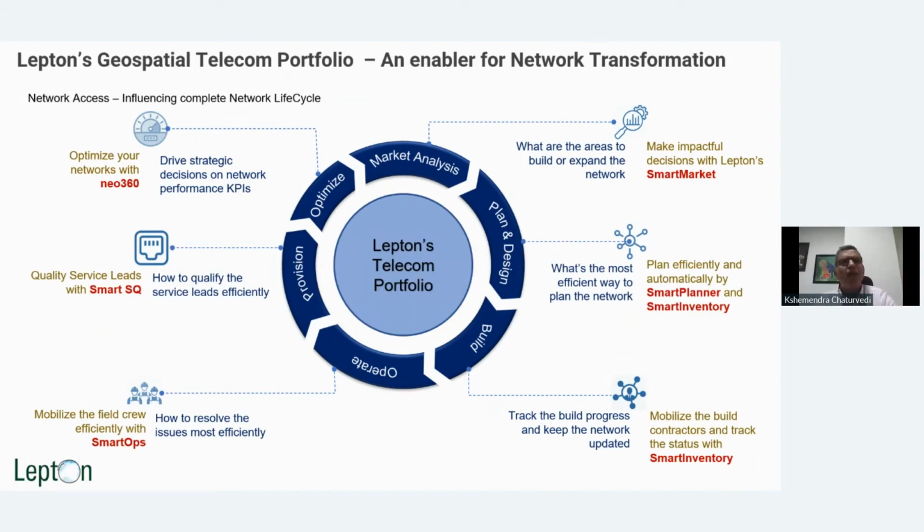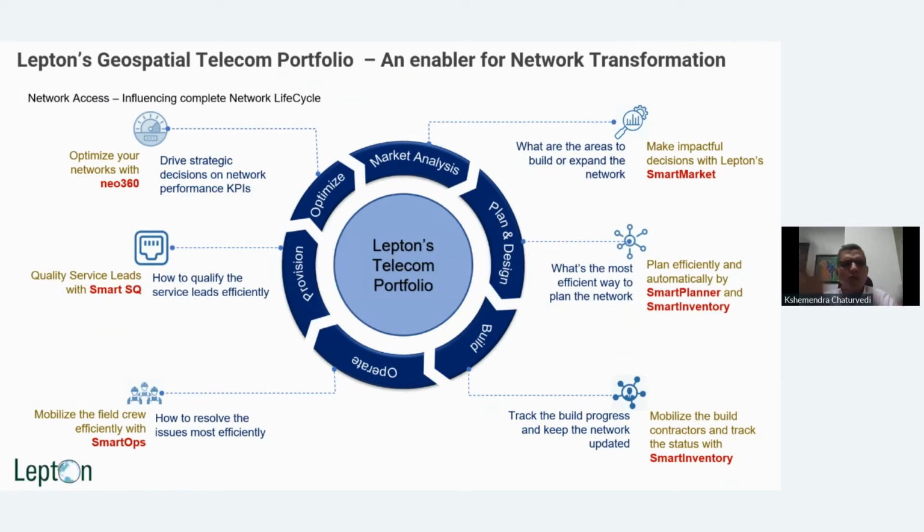Once you have the network in place, obviously you want to monetize it. You want to qualify the leads very efficiently and accurately in the field, and monetize the network to the maximum level. Once that is done, the continuous process is to optimize it, to take strategic decisions and make continuous improvements to the network.